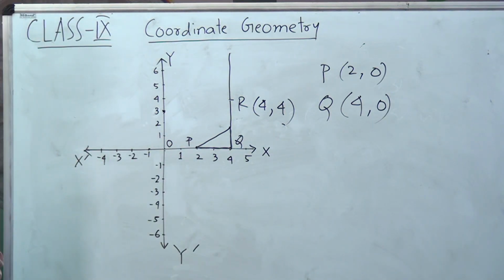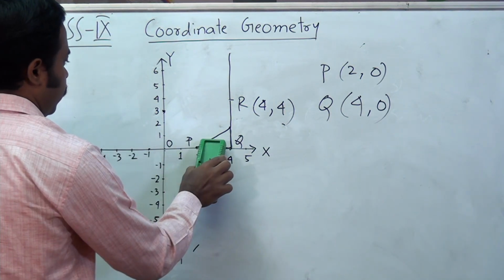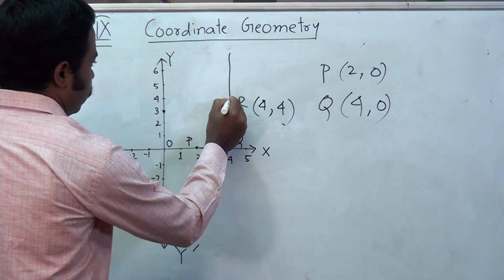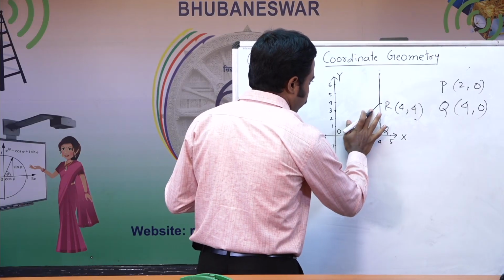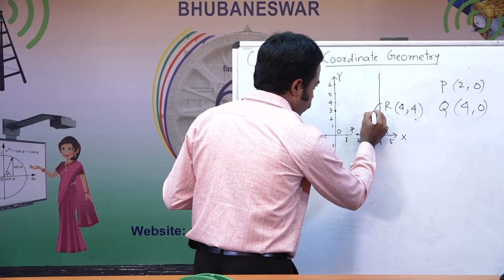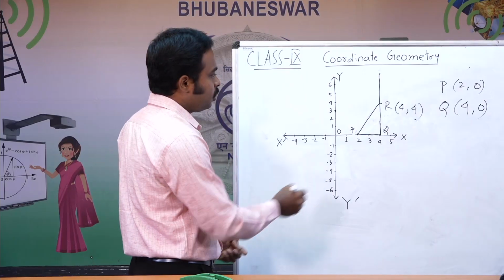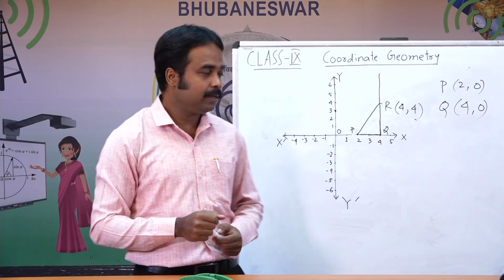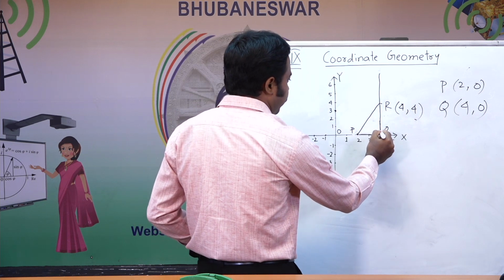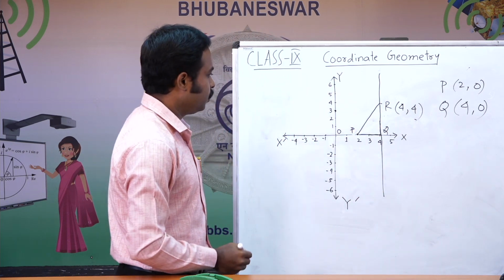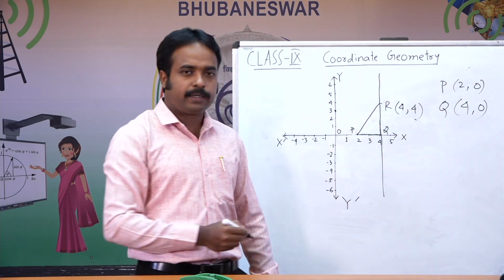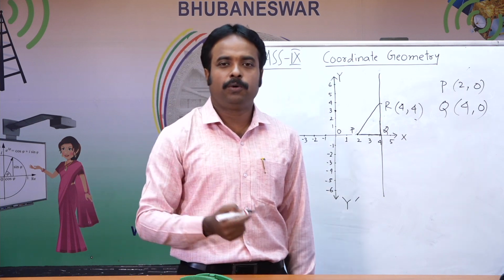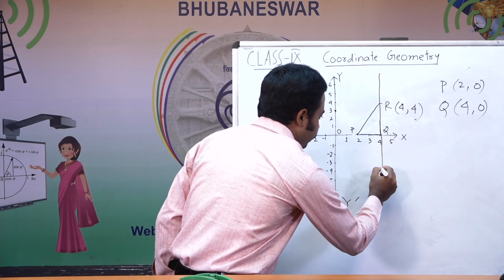Then also we will get, we may erase this, and if we join this by a line, then also we will get a right triangle. Not only that, we may extend this line in the negative direction also. So instead of taking the first quadrant, if we take the point R in the fourth quadrant, then also we will get our desired result.